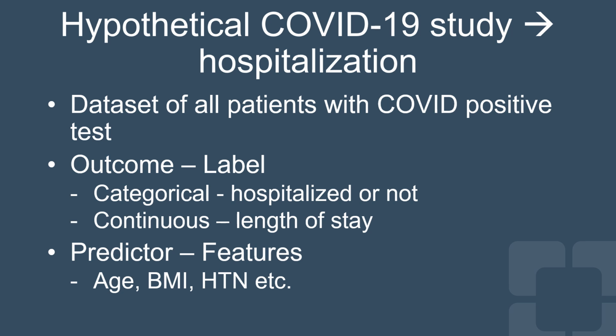It could also be a continuous outcome variable, like the amount of oxygen they needed, or their oxygen saturation, or their length of stay. The input or the predictor variable, called the feature in machine learning term, could be all the variables that predicted which patients would end up in the hospital, and this could be BMI, age, hypertension, diabetes, etc.